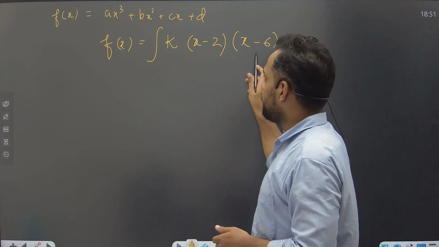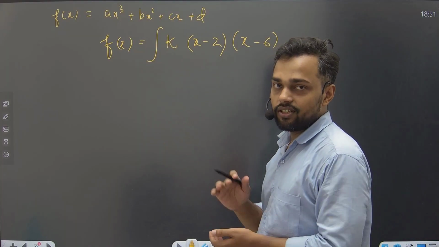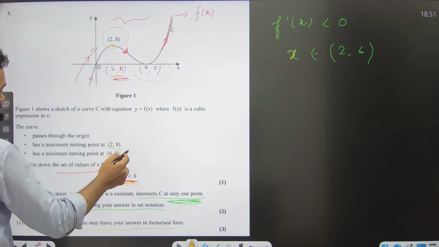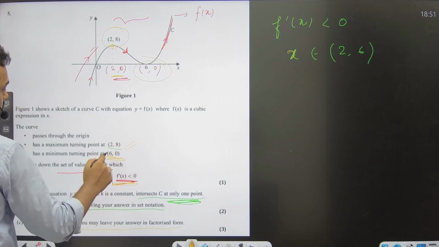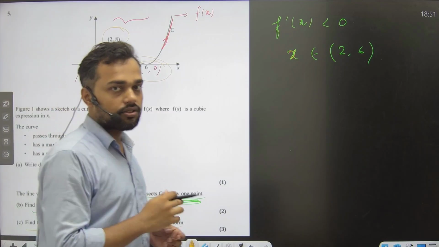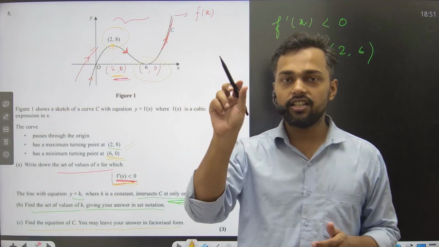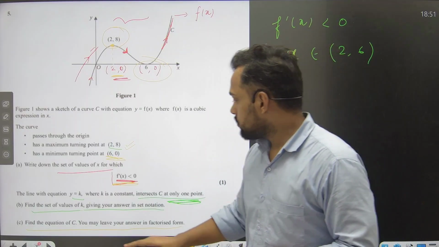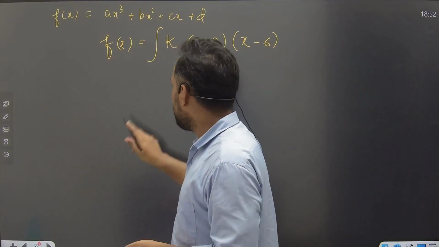These are our critical points, because it is mentioned in the question. The maximum turning point is at 2 comma 8 and the minimum turning point is at 6 comma 0. So we are taking the help of the maximum and minimum turning points here. That is why I have written it like this.